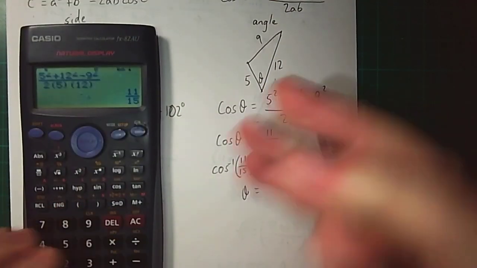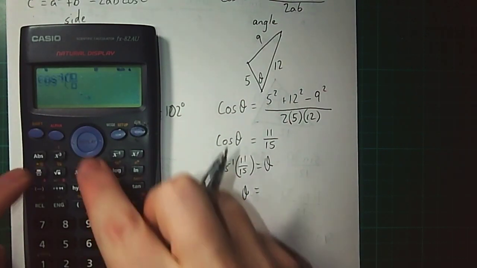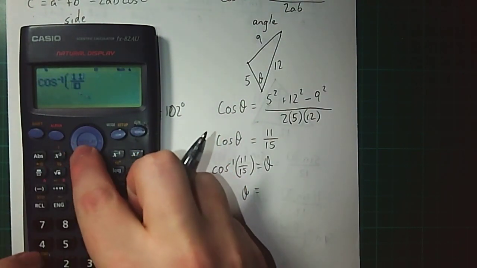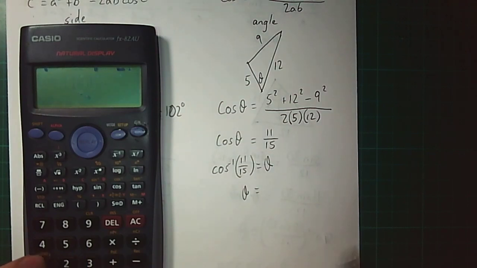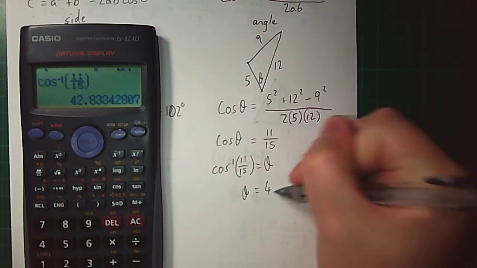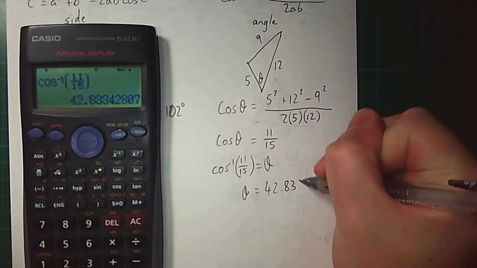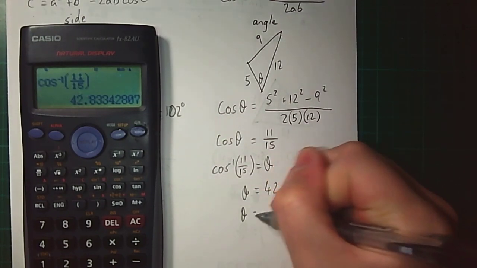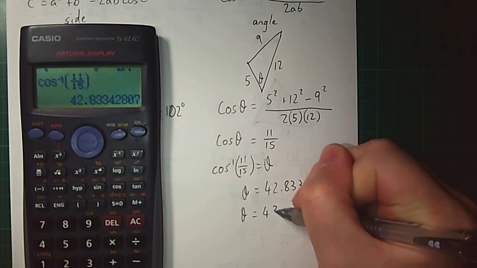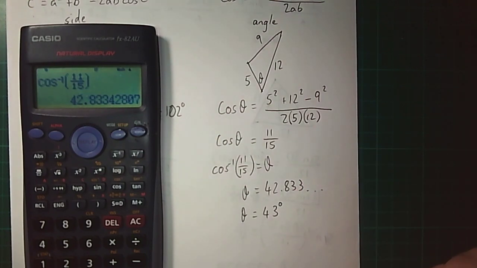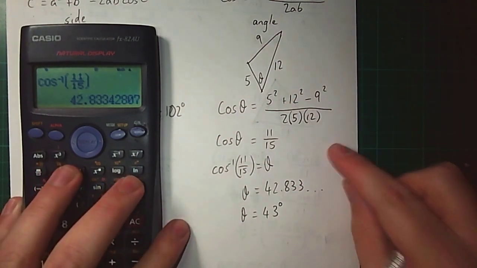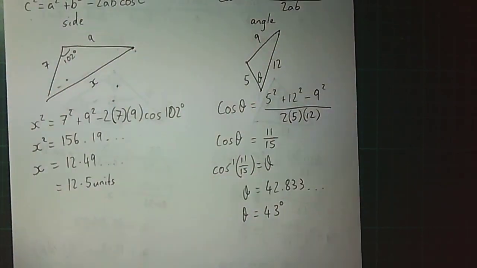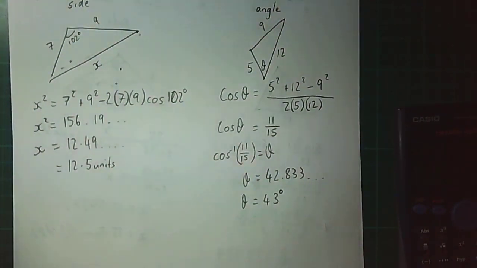So shift cos 11 over 15 gives us 42.833, which to the nearest degree is 43 degrees. And that's how we use the cosine rule for both sides and angles.